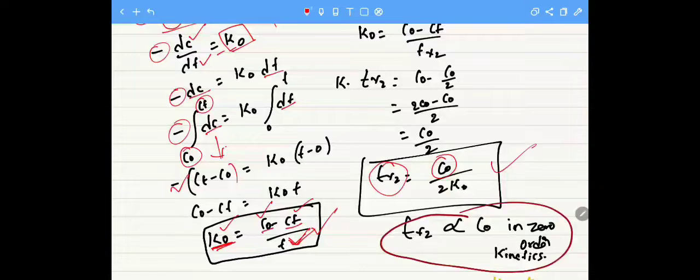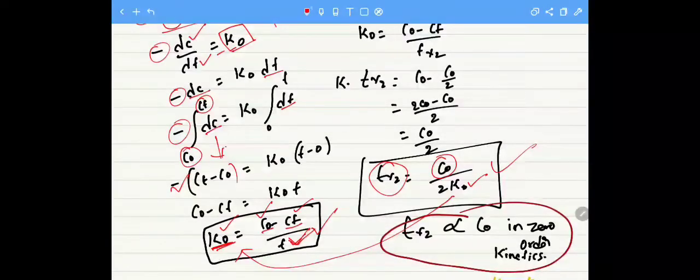Using the half-life and initial concentration, you can find out the rate constant. In turn you substitute this rate constant here to get K naught, and you will get the value of Ct from the equation.